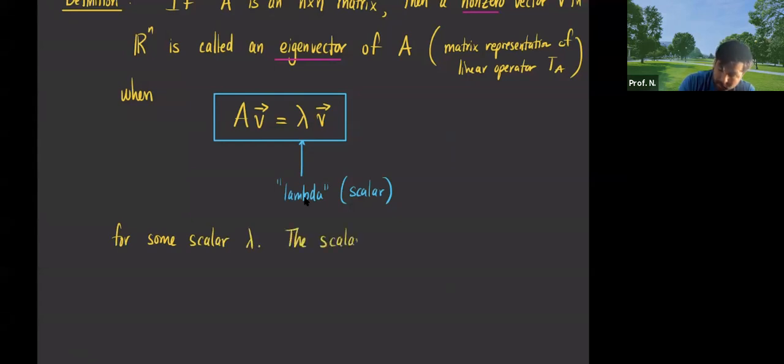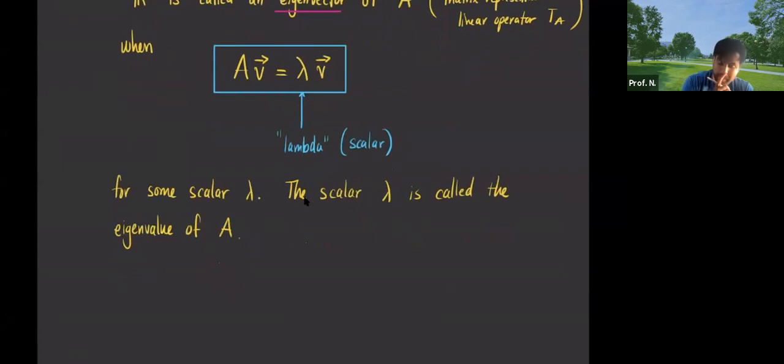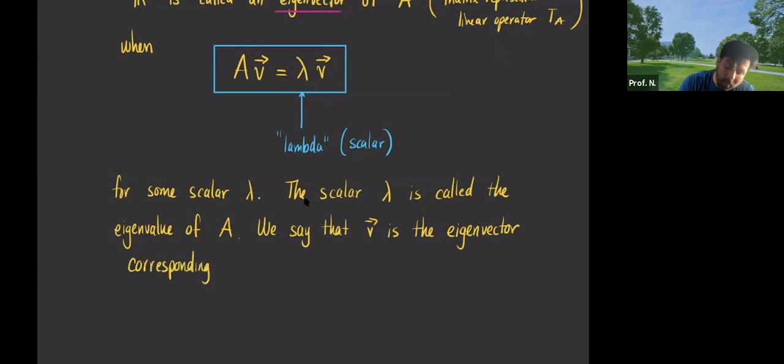The scalar lambda is called the eigenvalue of A. And we say that V is the eigenvector corresponding or associated to lambda.